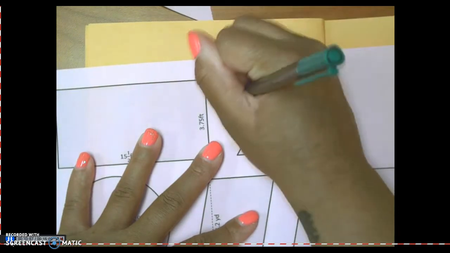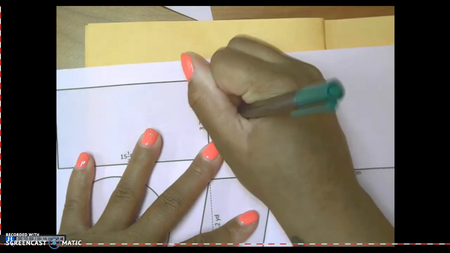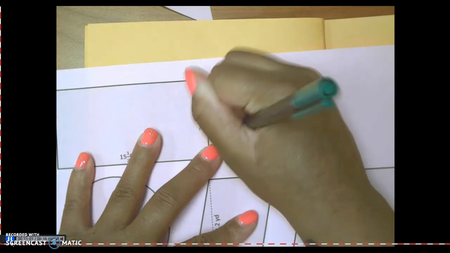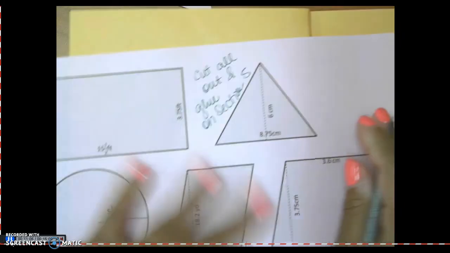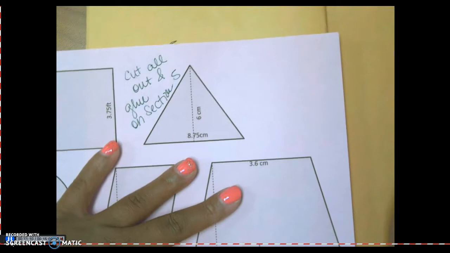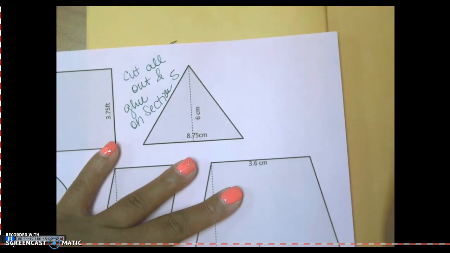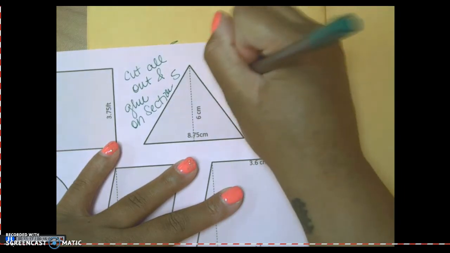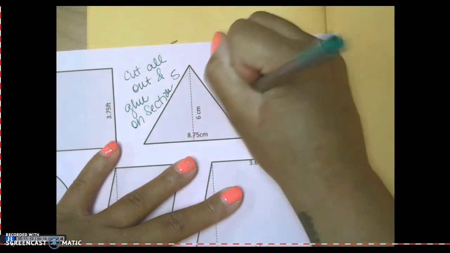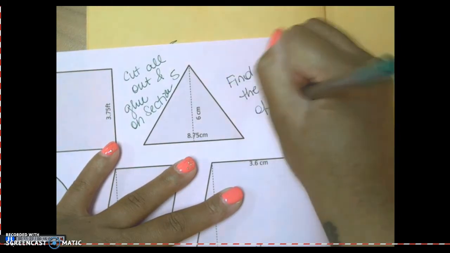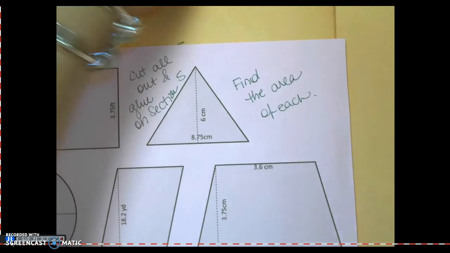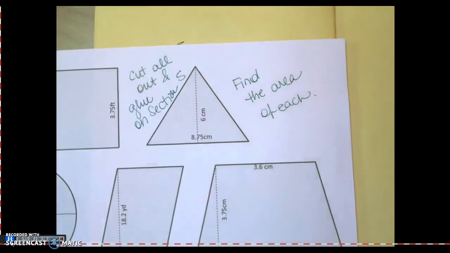Cut all these out and glue on section 5. Then guess what you're going to have to do mathematically? What are you going to have to do mathematically? Thank you. Find the area. If somebody's missing a triangle, I have an extra one.